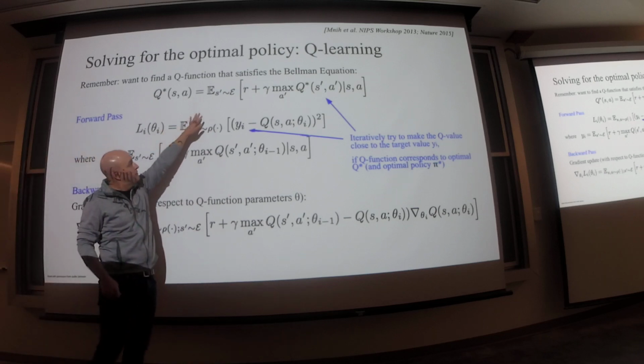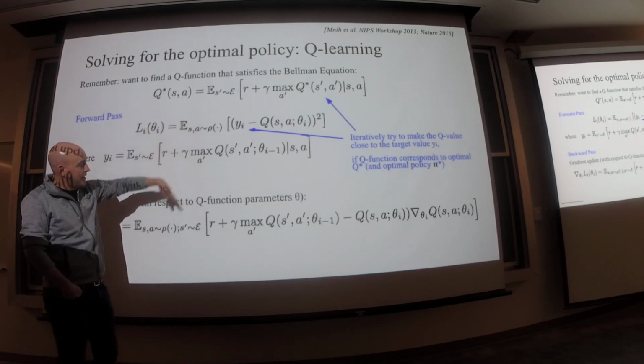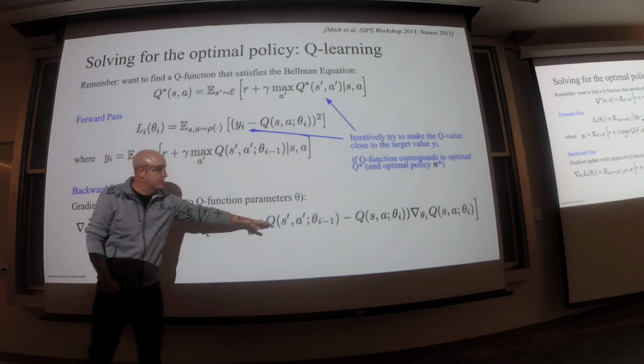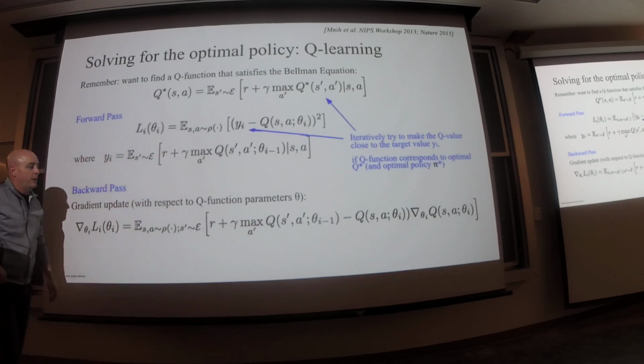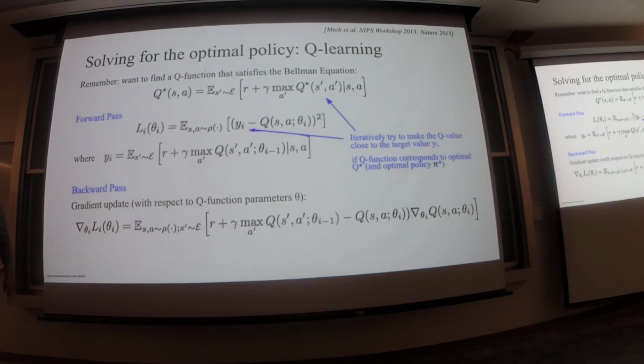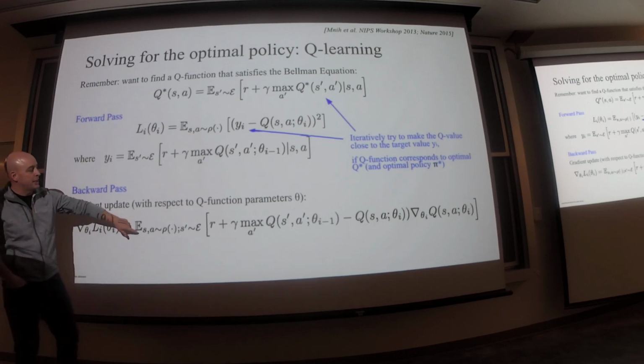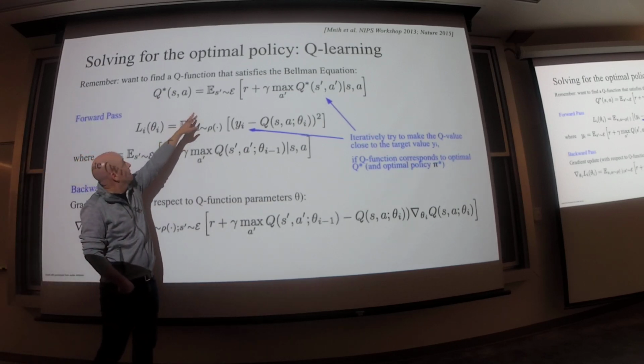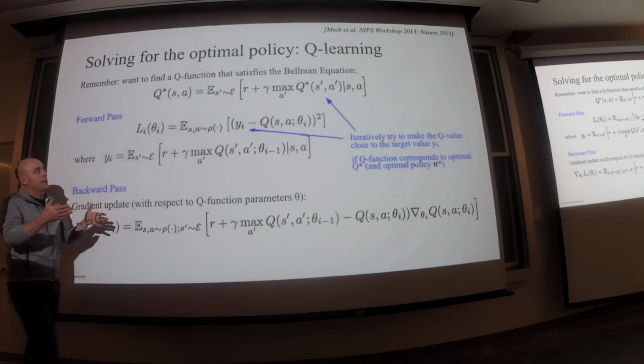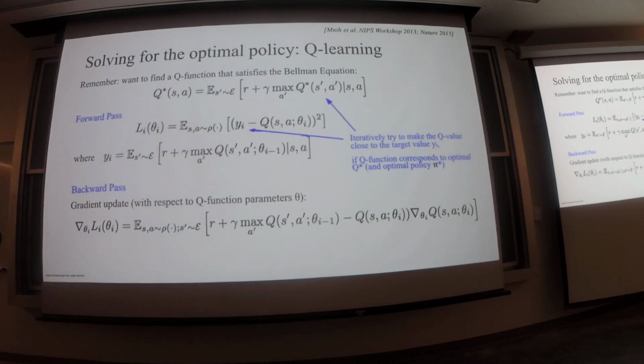There's a whole bunch of these expectations to do all along the way to get at these values, but you just use what you have in there. Notice that the expectations are taken over the state space, so you're just using a mini batch on the state space to estimate that expectation.